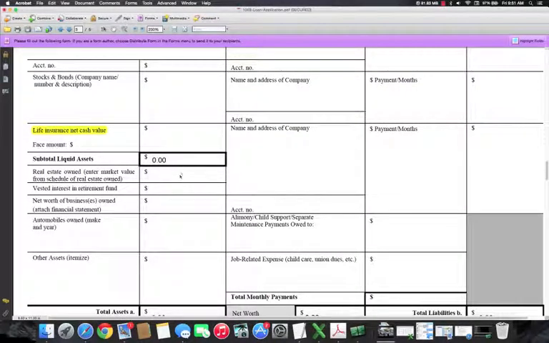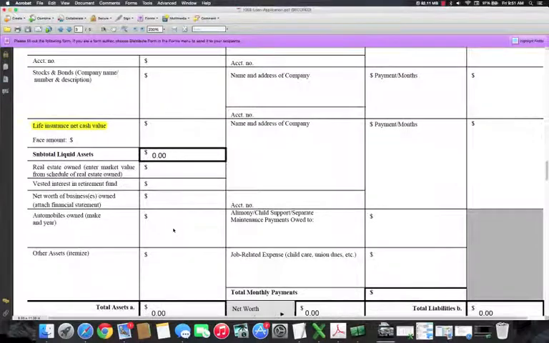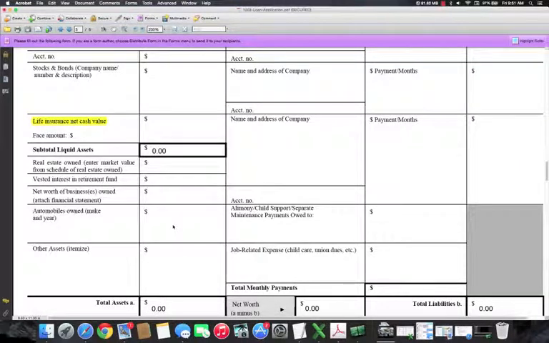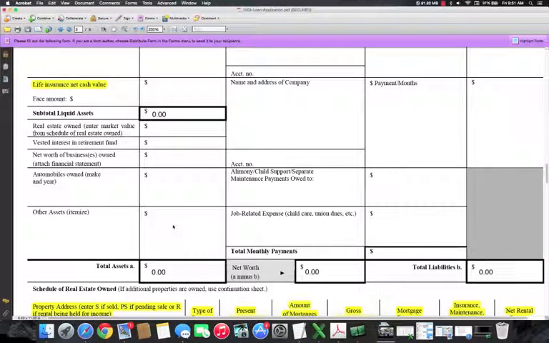Real estate owned, whatever the market value of that is, and then we'll elaborate below on that. Whatever you have in retirement, net worth of business, assets in terms of what your automobiles are worth, other assets, and they're going to want you to itemize what those are.